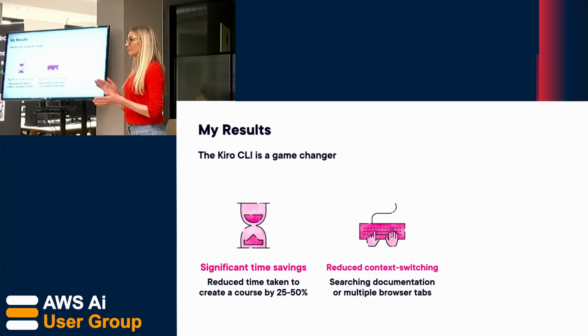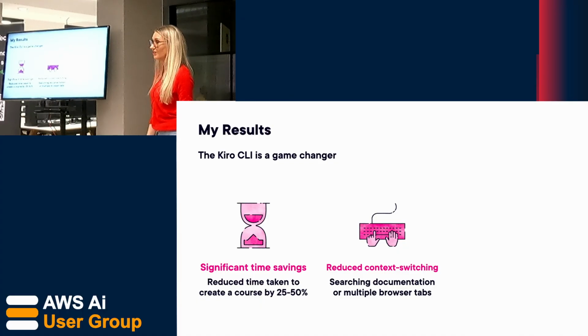One of the things it really has helped me with is reduced context switching. So switching by searching through the documentation, going on Stack Overflow, having like 25 tabs open on my browser and then trying to find that thing that I know is going to fix my problem right now. Just the stress of our roles right now, I think working in tech can be really overwhelming.